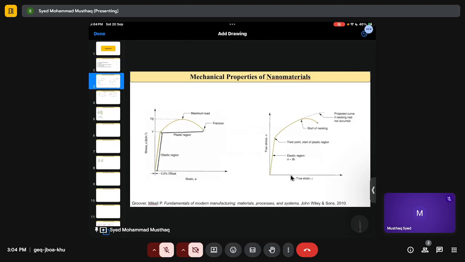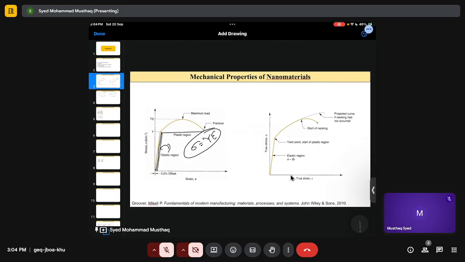First, you will get the elastic region, and from the elastic region there is this simple relation. You will get Young's modulus, right? It's just a slope, so there is no rocket science here.